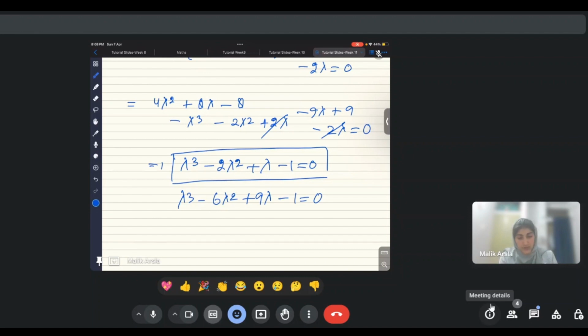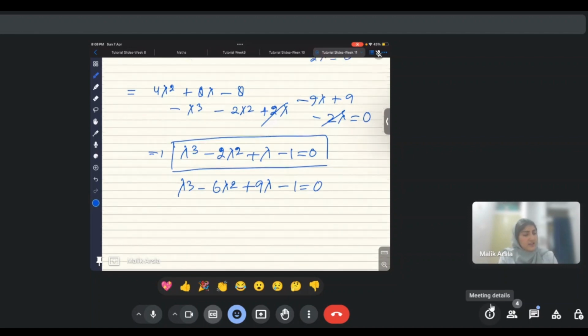What are the eigenvalues you're getting? Actually, the eigenvalues are decimals. I think I might have made some mistake. You can check that.